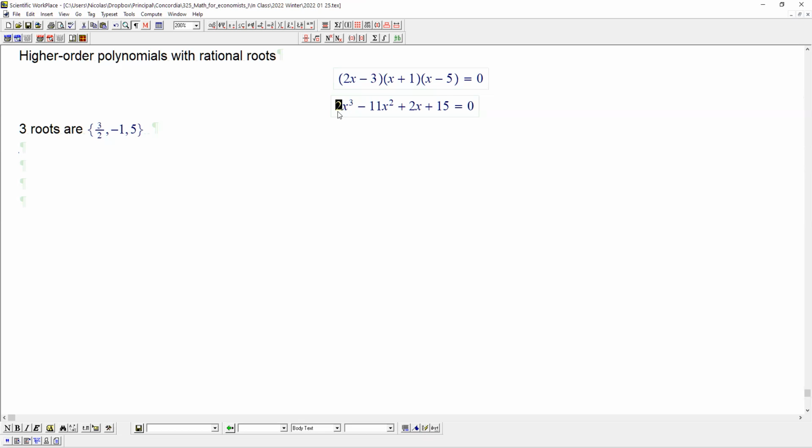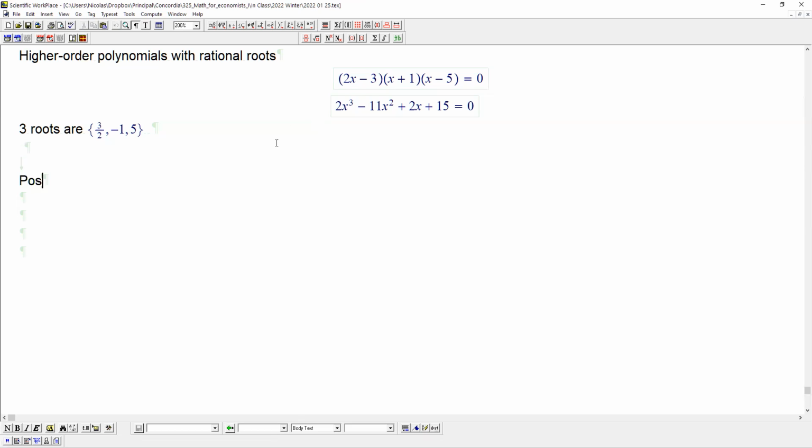So this is 2, and this is 15. First of all, what we can do is just divide by 2. We don't have to, but let's just go ahead and do that.